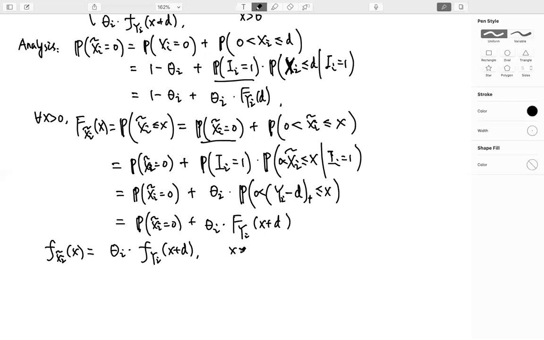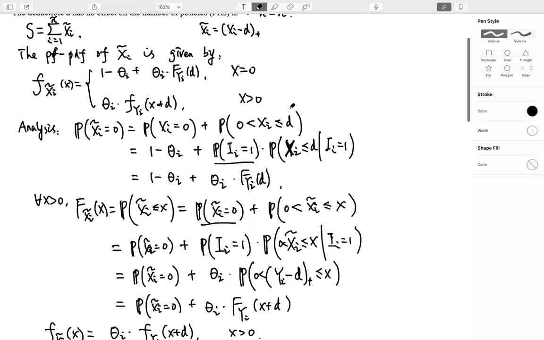Remember here x is greater than 0. So we recover the second piece. That is y. But of course, it really doesn't hurt to think of this as the probability at that point. Because here x is strictly greater than 0, I must make sure my capitalized I is 1, so I have theta I down here.